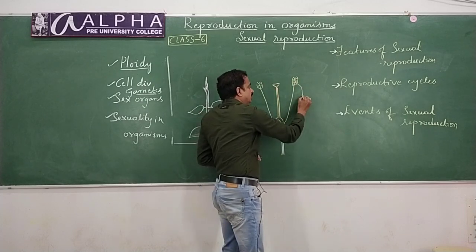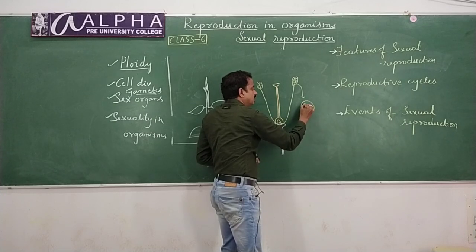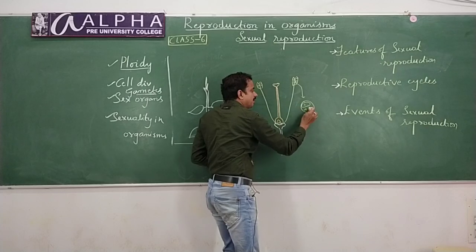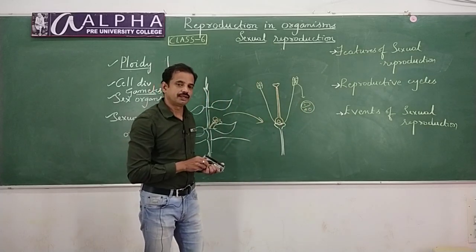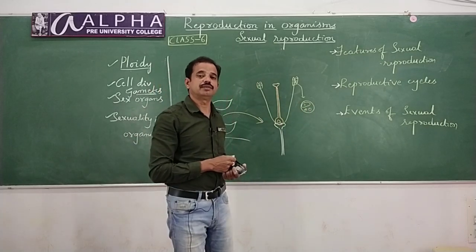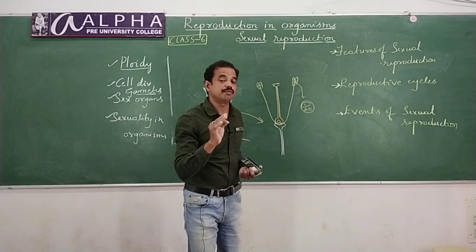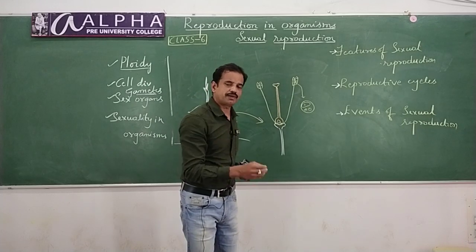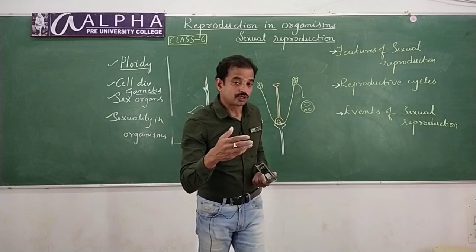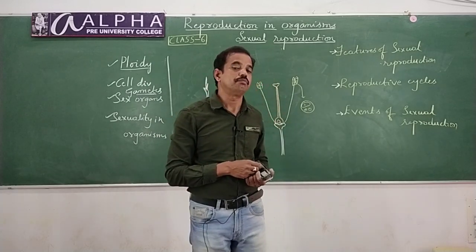Okay. If you take out one pollen grain like this, there is one cell and there are male gametes like this. I told you, no? The sperm is a male gamete in animals. In the same way, in plants, these two cells act as male gametes. And in lower plants like algae, antherozoids may act as male gametes.